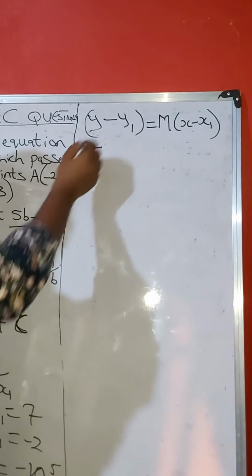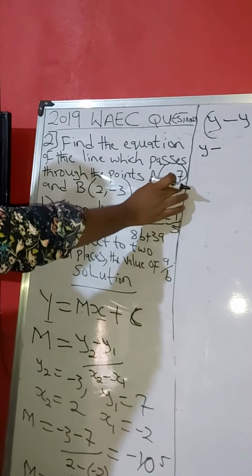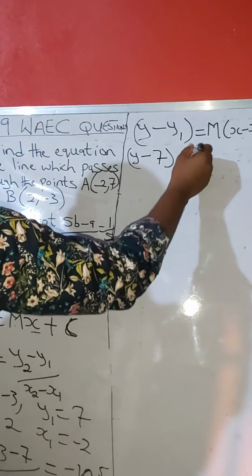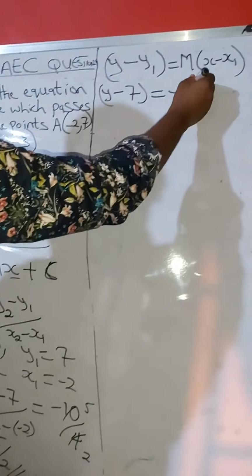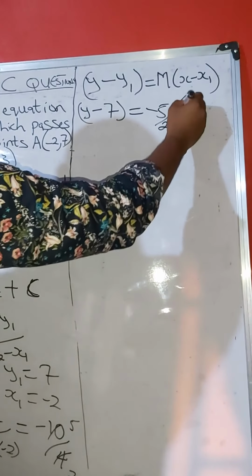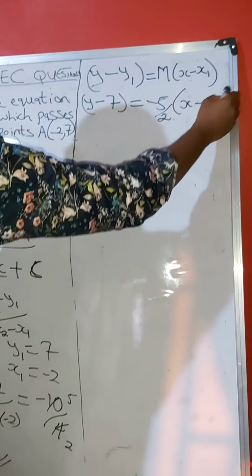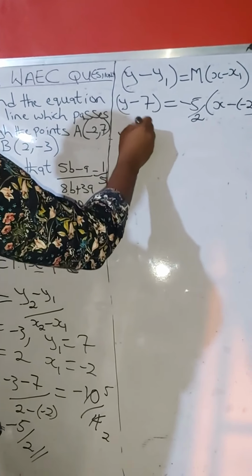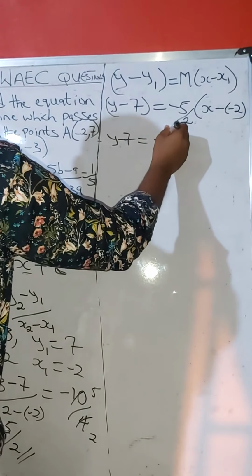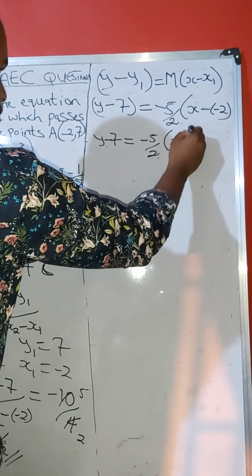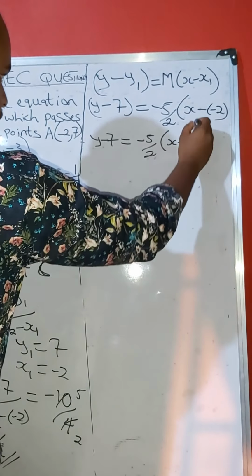If I'm using this point, my y1 will be 7, equal to my m, which we already found, -5/2, times x minus, what's my x1? -2. So I'll be having y - 7 = -5/2 (x + 2), because minus minus is plus.